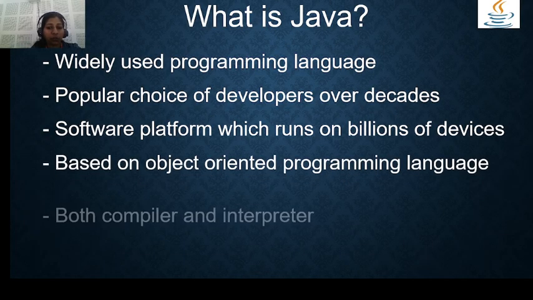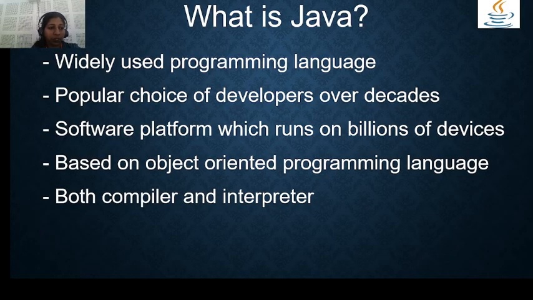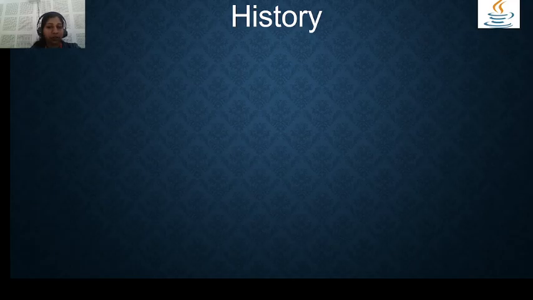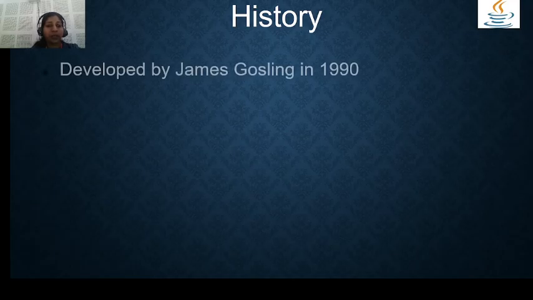As it is based on object oriented programming, it creates modular programs and reusable code, and these features are important to develop any enterprise application. One more feature is that Java provides both compiler and interpreter, so we don't need a separate compiler and interpreter for developing Java applications.